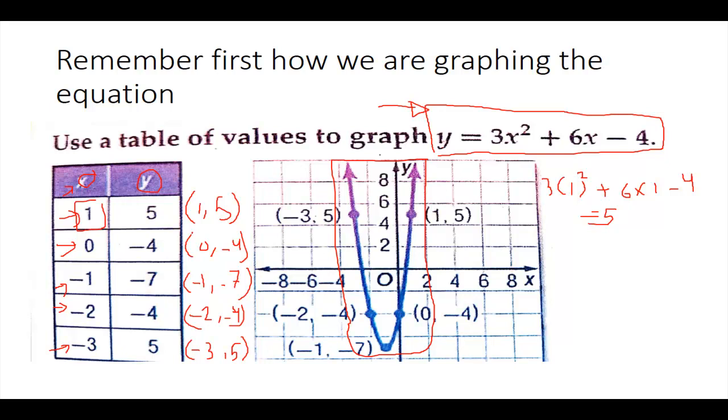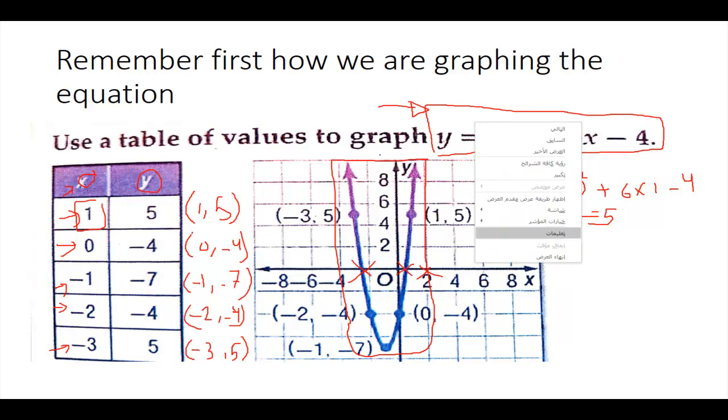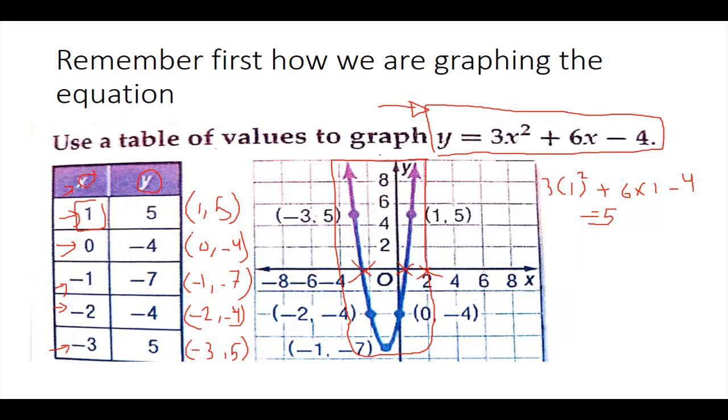So where exactly is the solution of this curve? The solution of this curve is here and here. I don't need the solution now, but it is between the curve and the x-axis, not here.